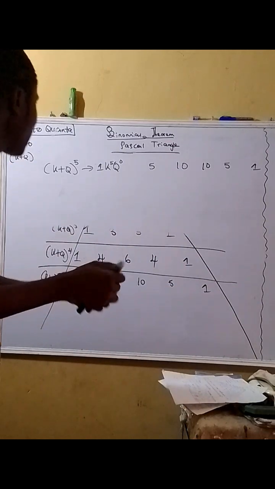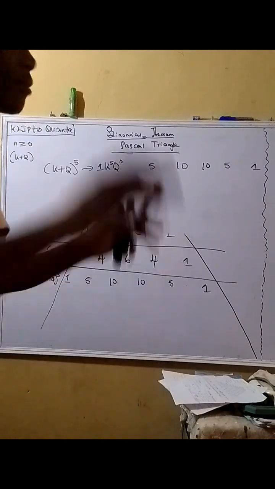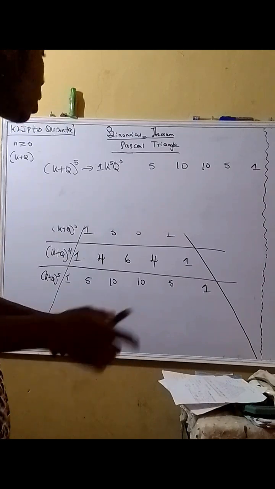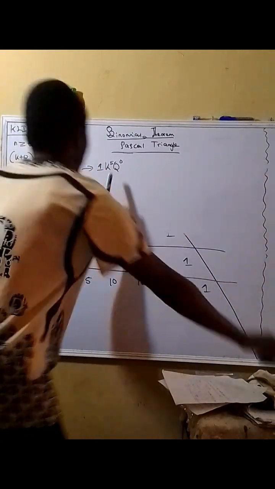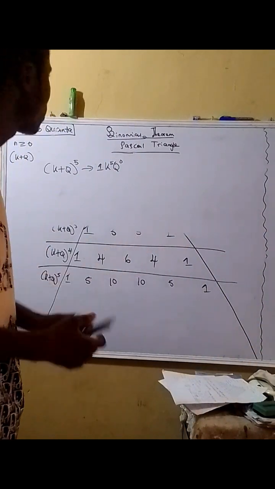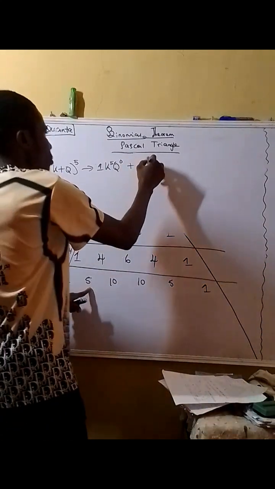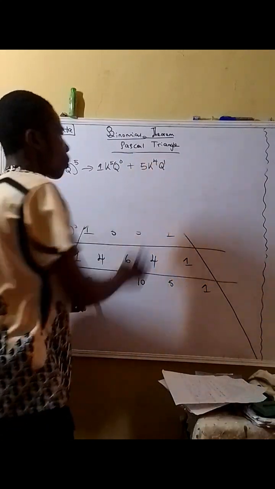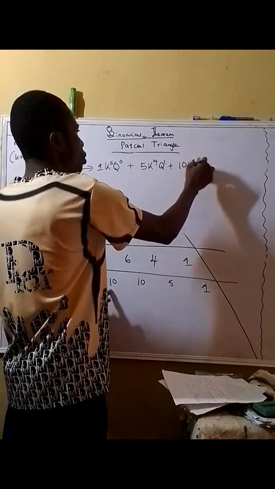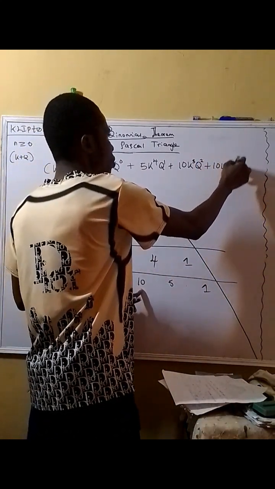Ignoring any formula, because we are dealing with Pascal triangle, no formula is called in. Are you with me? All we know is that as k decreases, q increases. The next value is plus 5, and k becomes 4, q becomes 1. Then the next one is 10, k becomes 3, q becomes 2. The next one is 10, k becomes 2, q becomes 3.